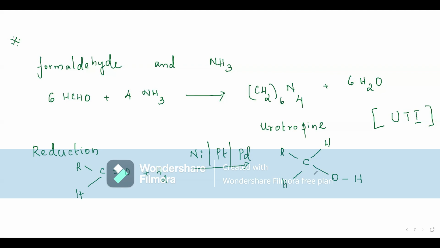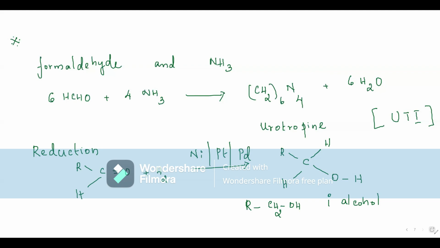As a result, we are getting an alcohol. In fact, this can be written as RCH2OH, which represents a primary alcohol. So what is the conclusion? Aldehydes on reduction give us primary alcohol.